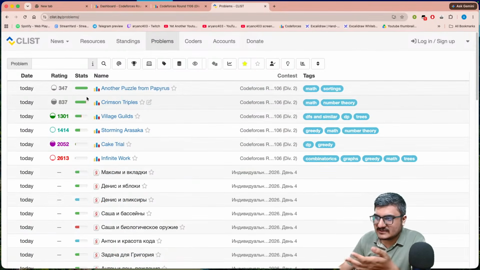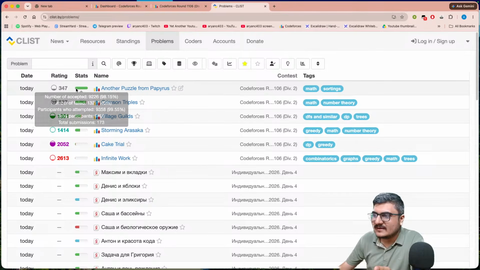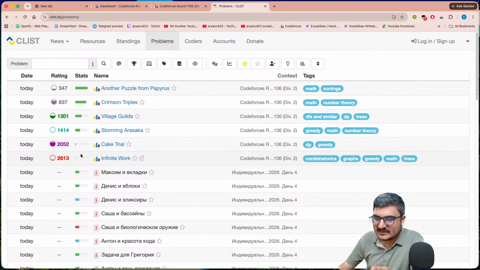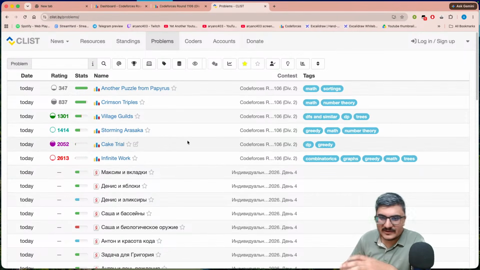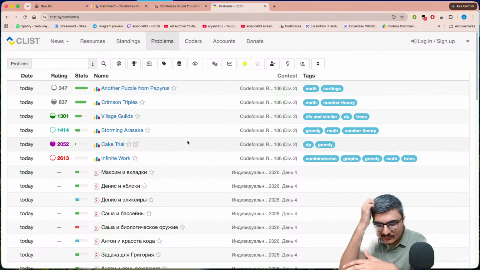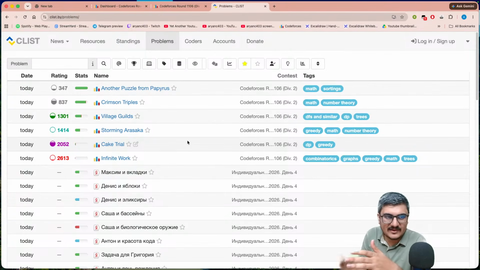Actually, these ratings are quite accurate in a world without LLMs. The way these ratings are calculated, it looks at the rating of the people who have solved this problem and the rating of people who did not solve this problem, and then it tries to figure out what it would be if we have something like an Elo rating, using which everyone's Codeforces rating is calculated.